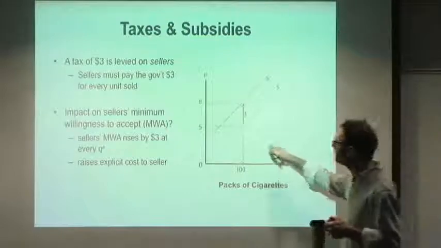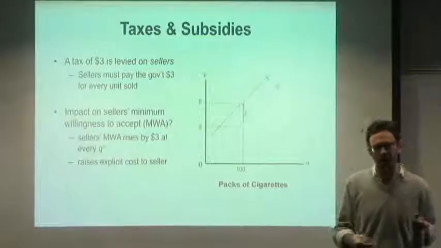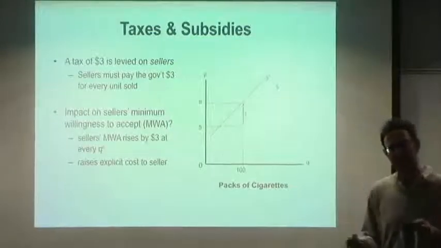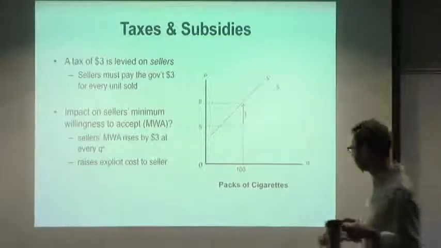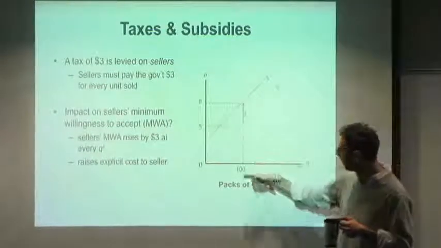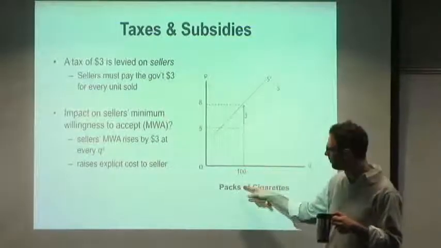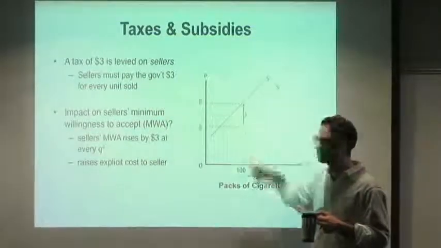Okay. Now, the height of the supply curve, as we already know, measures the minimum price that sellers are willing to accept for selling a particular unit of cigarettes. So for instance here, the minimum price that sellers are willing to accept to sell the 100th pack of cigarettes is $5.